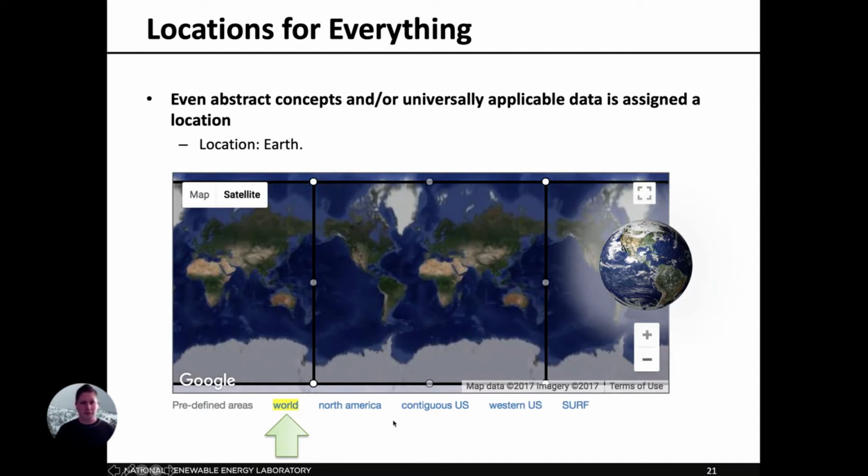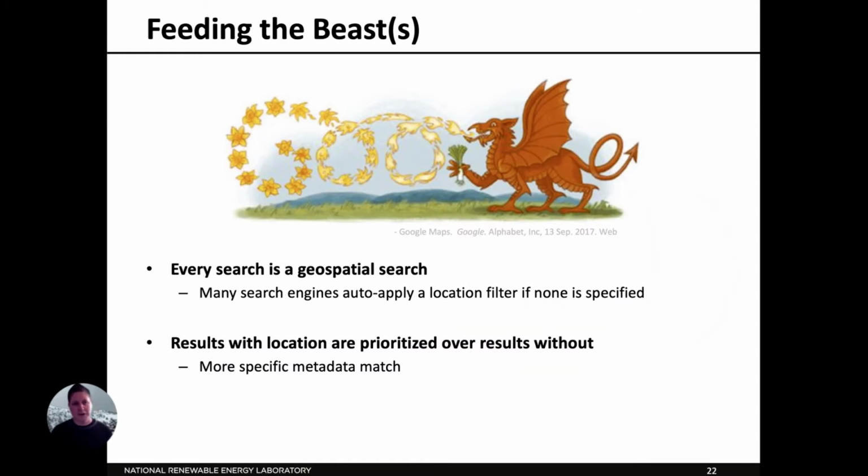And while it may seem silly to attribute an entire data set to the world, there's actually a method to our madness. Behind the scenes, all major search engines are attributing locations to any search out there, and having location metadata just elevates your search results to the top of the major search engines. And so at the end of the day, it's just about feeding the beasts to make sure that your data is prioritized over results that don't have location data.